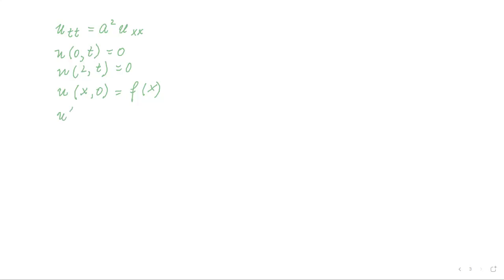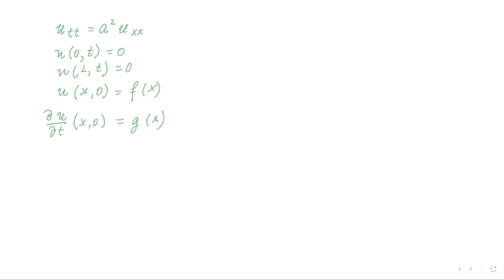If I just write a little bar, it's not going to be very clear what variable you are taking the derivative by. So this can be a function, also a function g of x.